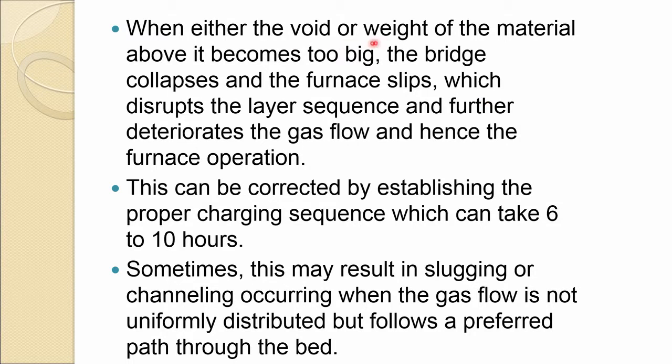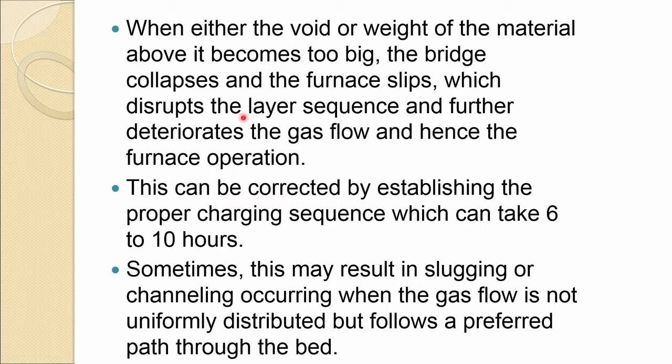So, when either the void or the weight of the material above it becomes too weak, the bridge collapses and the furnace slips, which disrupts the layer sequence and further deteriorates the gas flow and hence the furnace operation. This can be corrected by establishing the proper charging sequence, which can take 6 to 10 hours, as I said.